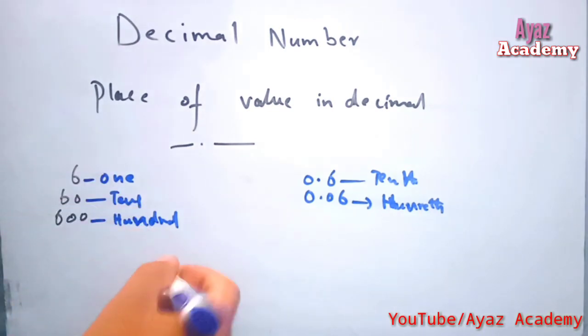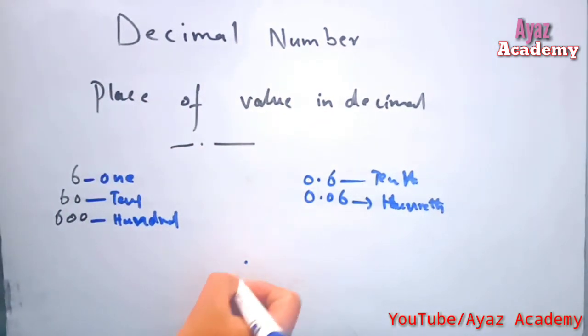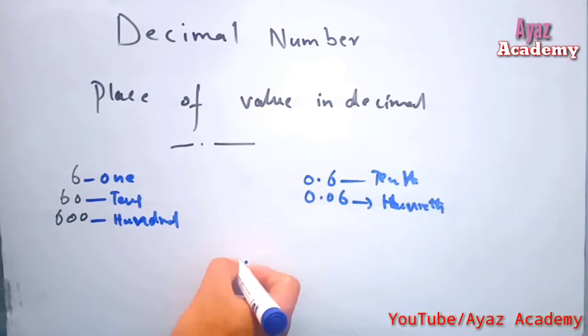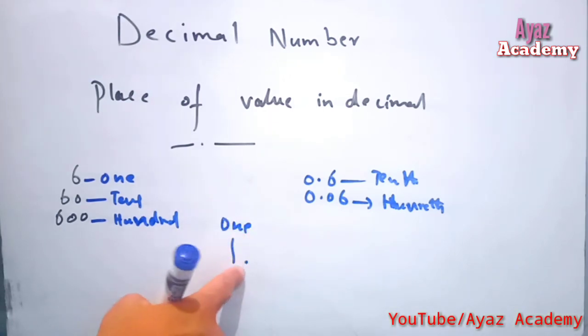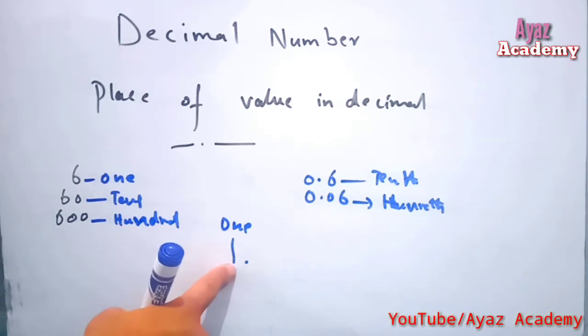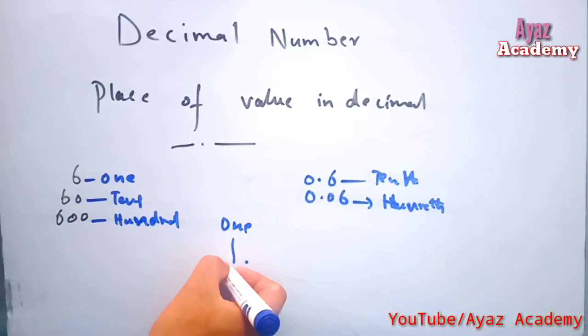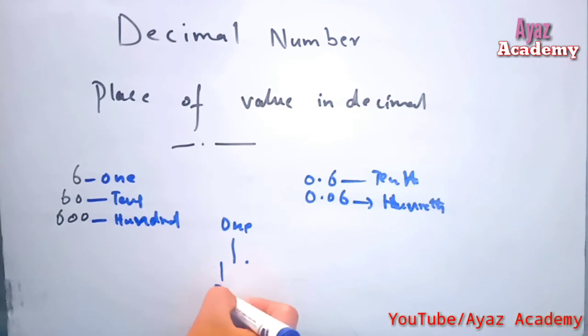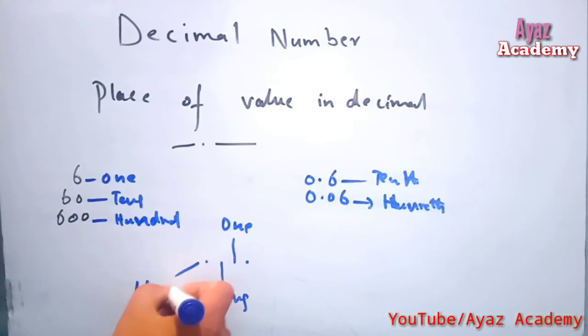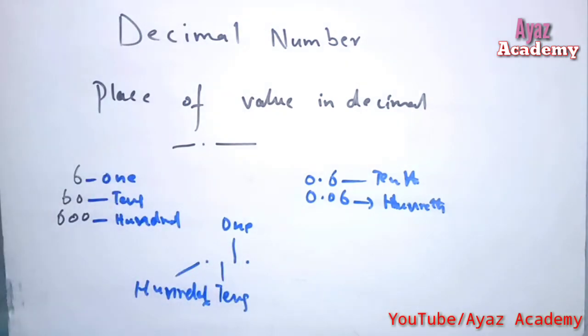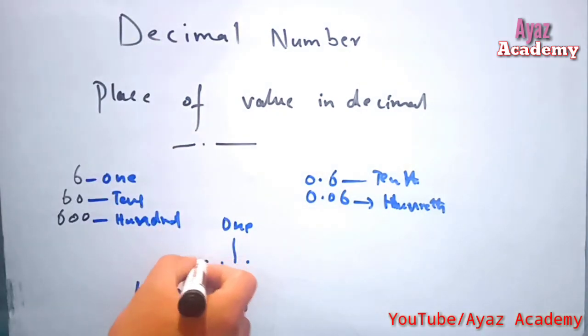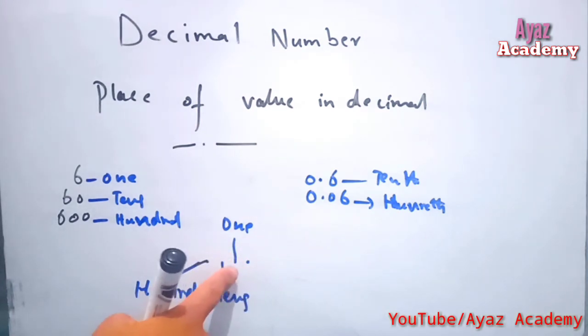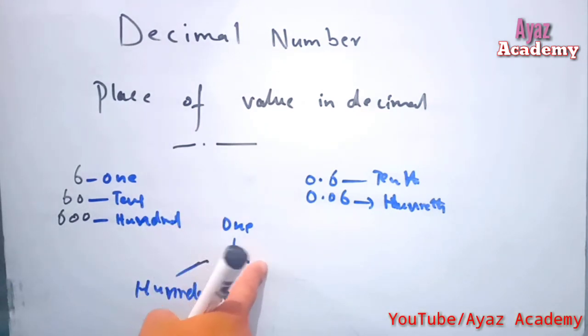So in a decimal number, place values from the point: the first number is called 1, and this is the whole part of the number, so this will be greater than 1. The second number is tens, and the third one is hundreds. And here this is the decimal point. Left is greater than 1 and right is less than 1.